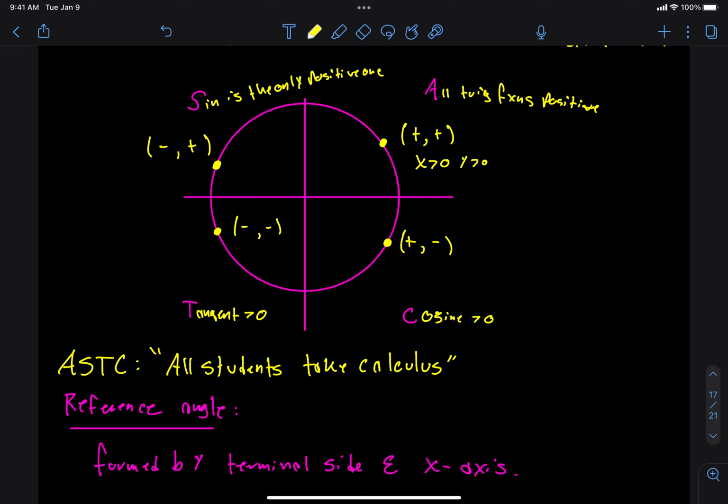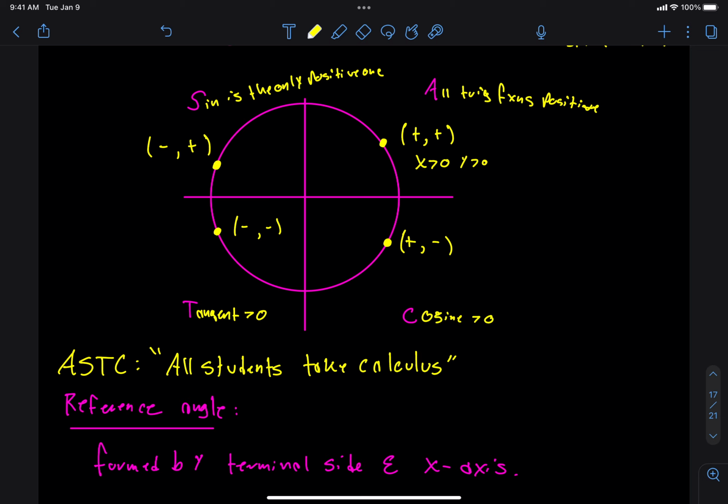What we do is incrementally subtract by 360 degrees, or equivalently 2 pi, until this angle is between 0 and 2 pi, or respectively between 0 and 360 degrees. Okay? So that's what we're going to do.